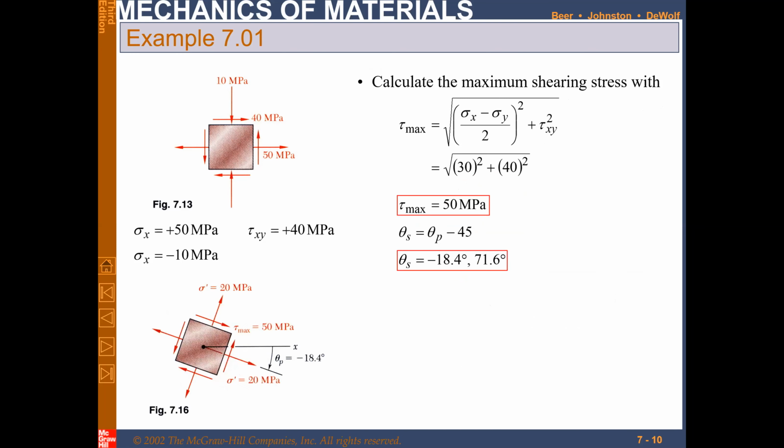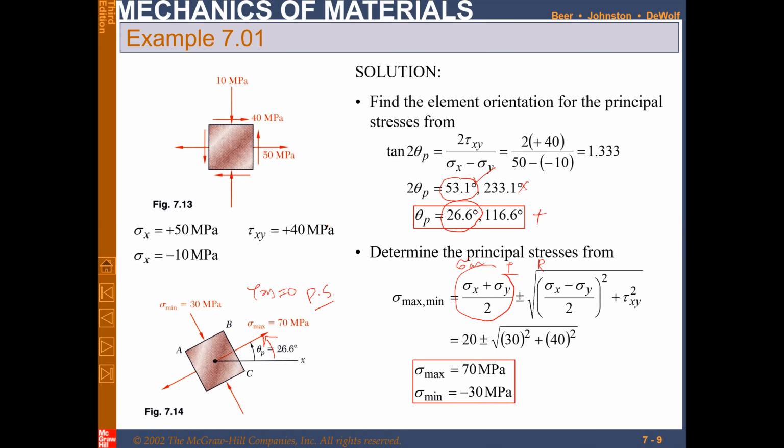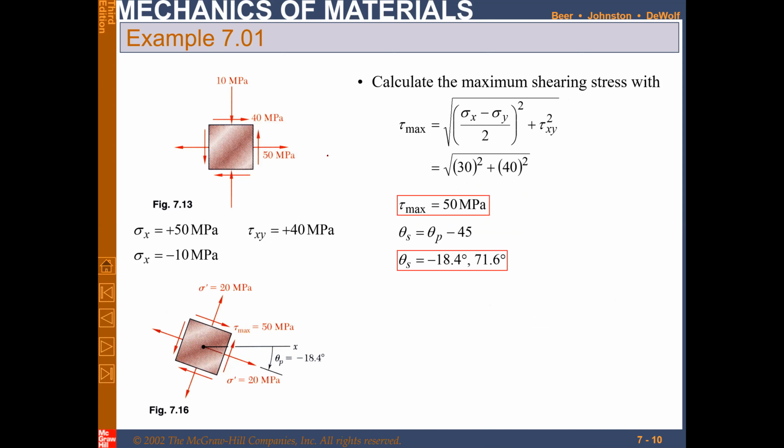Then you go for the tau max value. Tau max value will obviously be there, because whenever you draw, the tau max value is there. Tau max value can be calculated using this one.